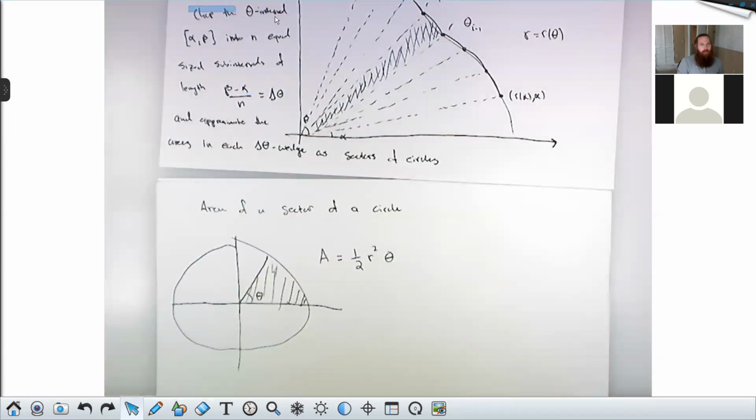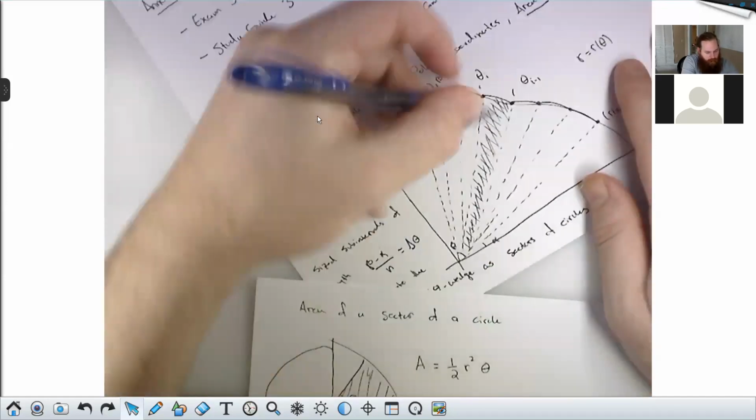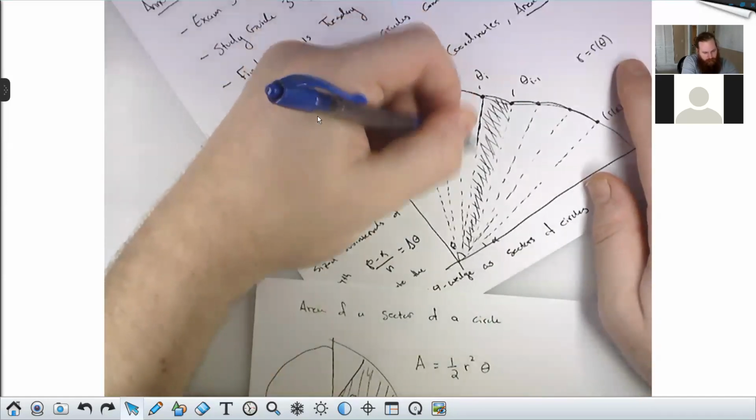So what we set up here is chop the theta interval alpha beta into n equal sized subintervals of length beta minus alpha over n. We call that length delta theta. And then we approximate the areas in each delta theta wedge. So like here's a wedge, here's a wedge, here's a wedge. We approximate each of those wedges, like the one I've shaded here is the one I'm going to use for actual calculations.